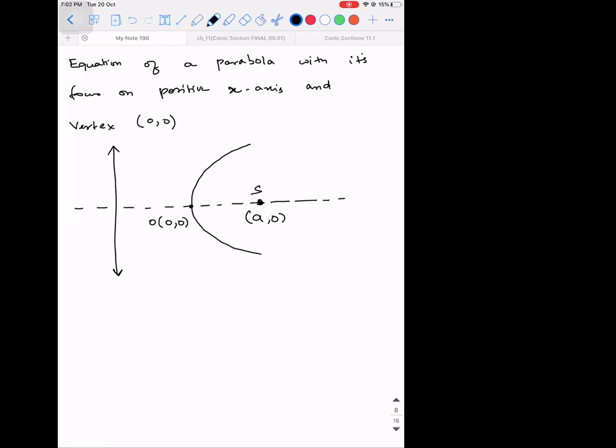To find the equation of directrix, I'm going to apply the definition of parabola. What does the definition say? Every point of the parabola will be equidistant from the focus as well as the directrix. So can I say the vertex, that is 0, 0, itself is one of the points on the parabola?